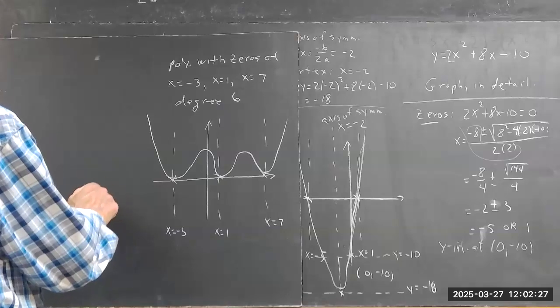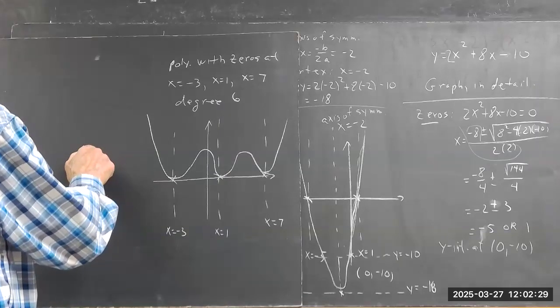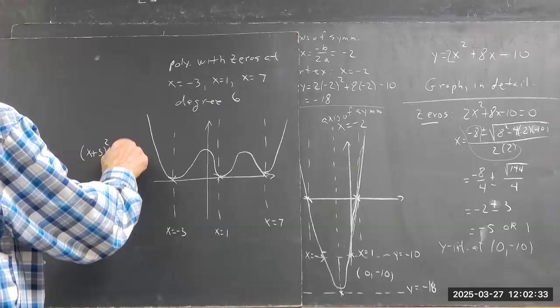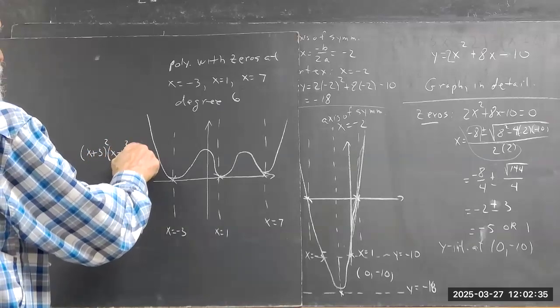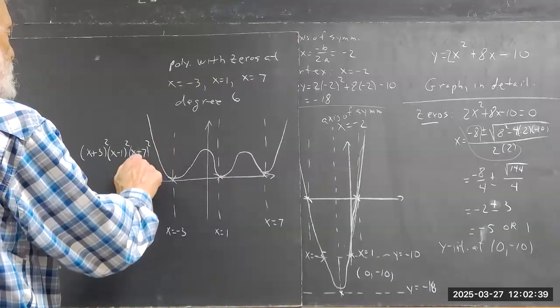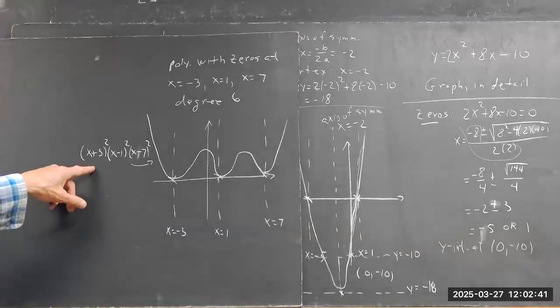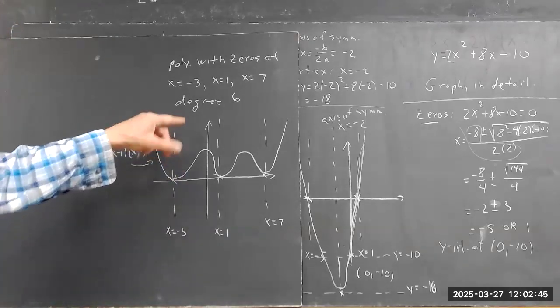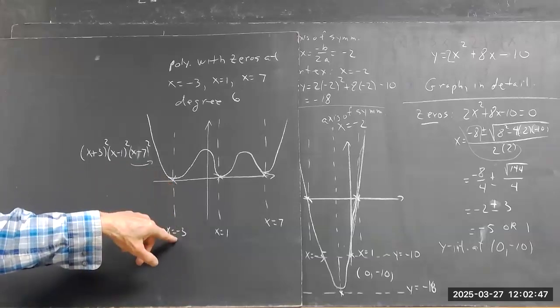This would be like x plus 3 squared would have parabolic 0 at x equals -3, right?